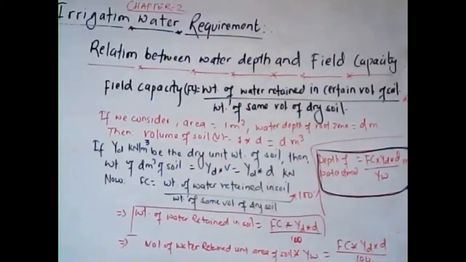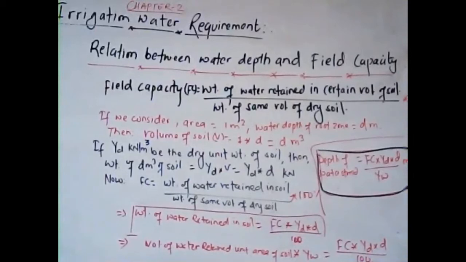So we have to determine first the weight of dry soil, and the weight of water retained in a certain volume of soil. Okay, field capacity is multiplied by 100 if you calculate it in percentage.